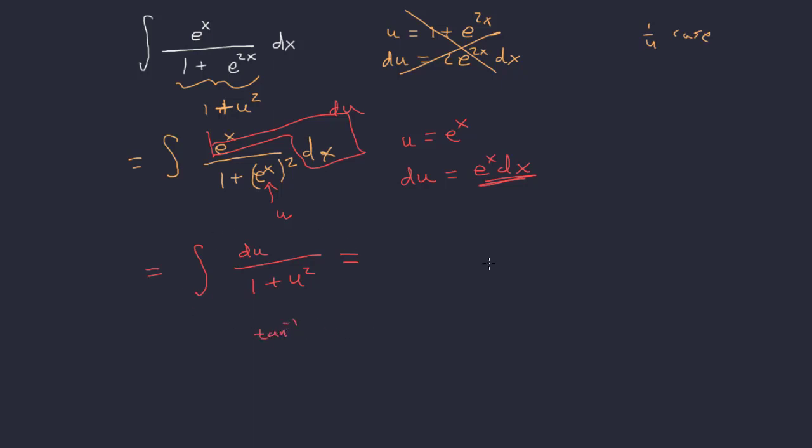My a here is 1, so that makes it even easier. It's just going to be tan inverse of u plus c. Now I'm going to put my x's back in, so this will be tan inverse of e to the x plus c.